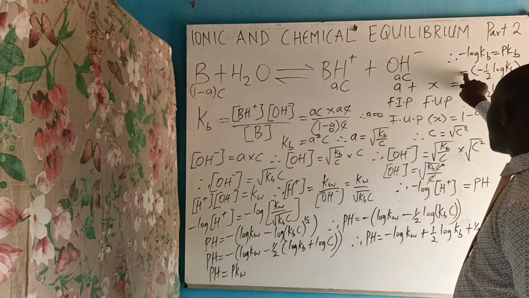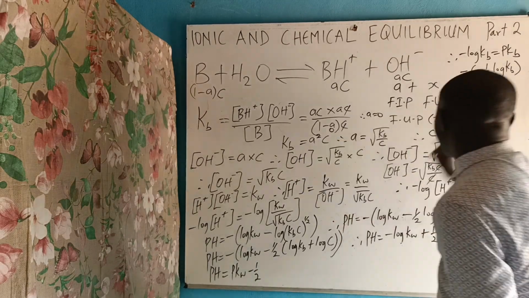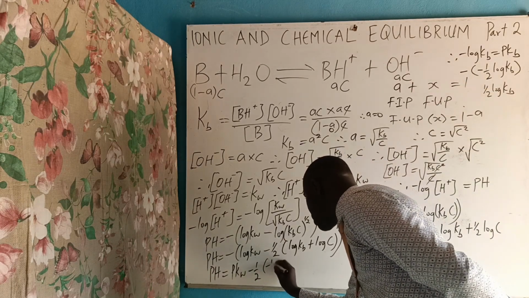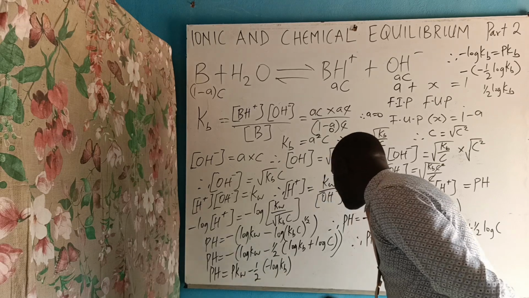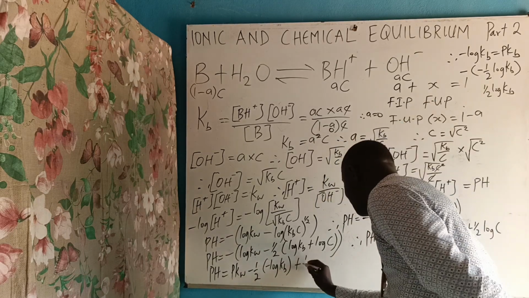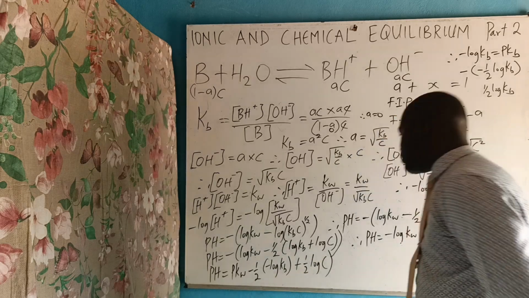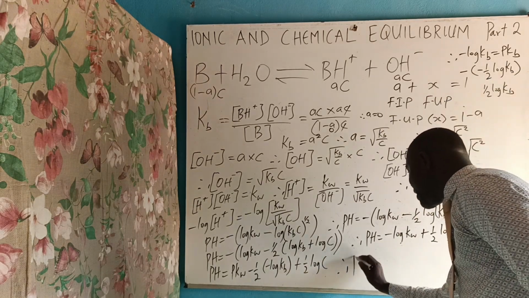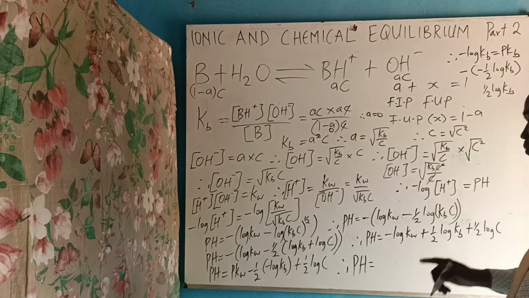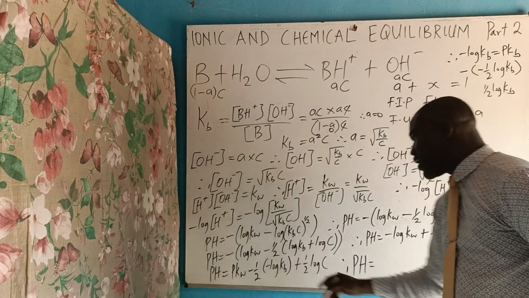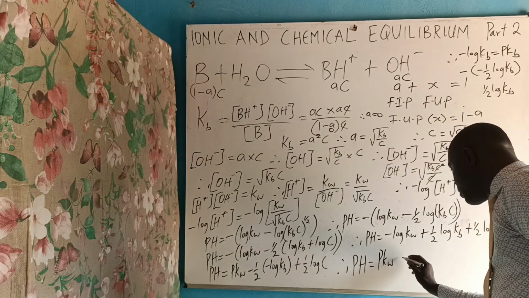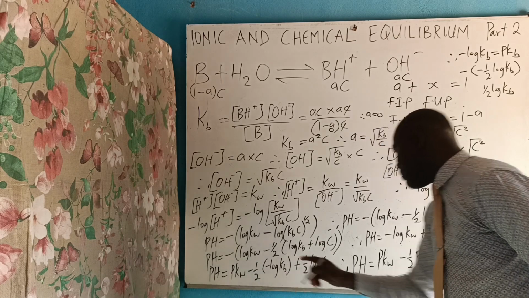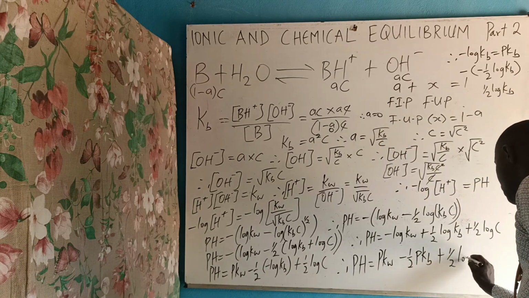Then come to this, minus half, I'll bring out this half, it will remain minus log Kb, minus half bracket minus log Kb plus half log C. So finally, the pH of a weak base is equal to pKw minus half pKb plus half log C.